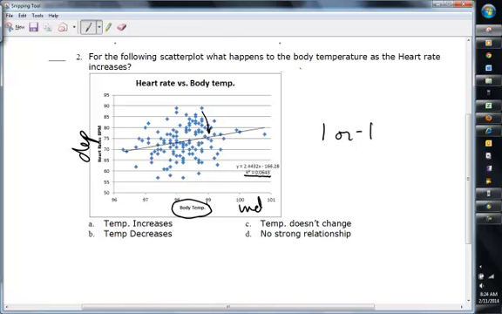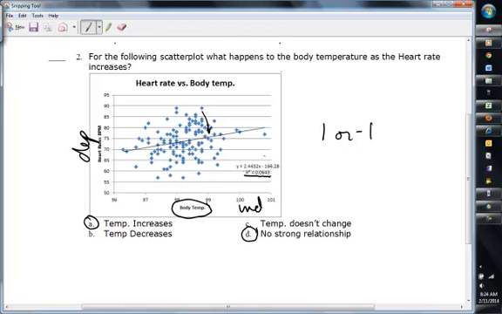As the body temperature goes up, the temperature goes up. Now, I would also accept no strong relationship because of this 0.06. But given the fact that the line is there, that might be somewhat deceptive.